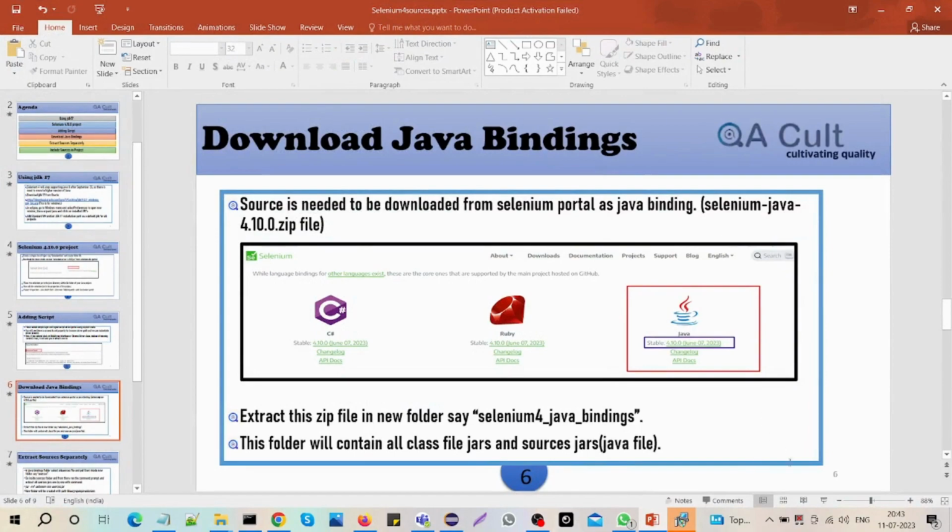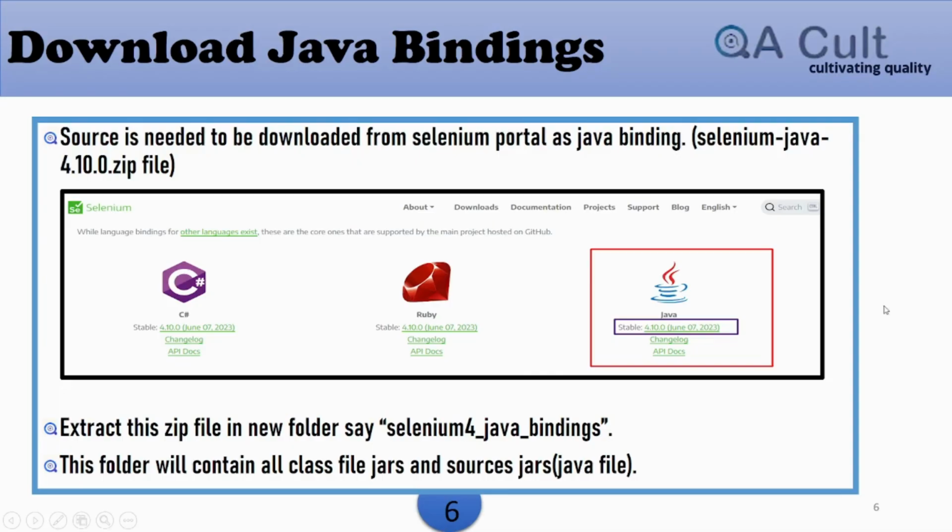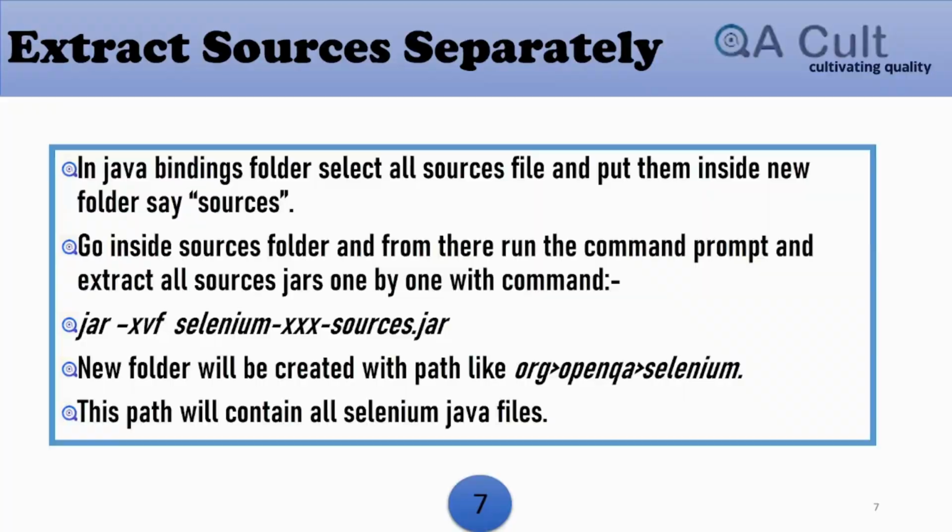So we had already downloaded Java bindings. You need to download it from the Selenium portal, and then extract this zip file in a folder Selenium for Java bindings, and this folder will contain all the class file jars and source jars. All the source jars will be Java project Java files.